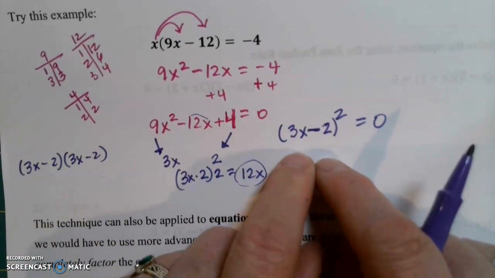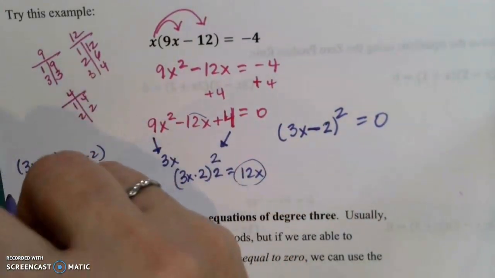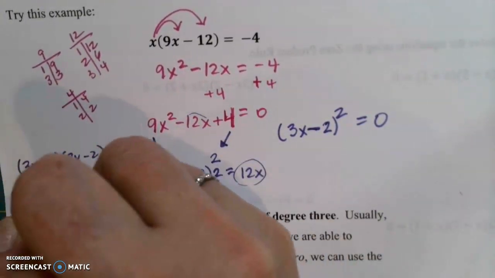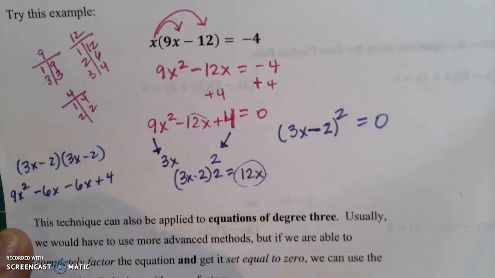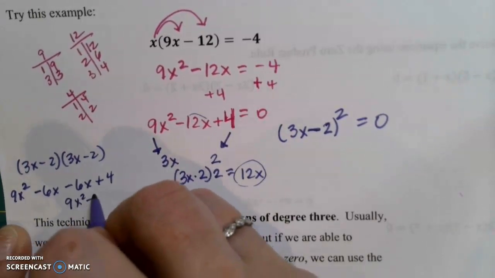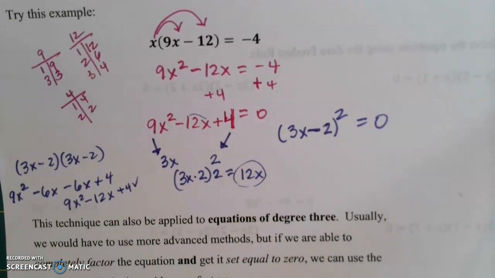Because if your factoring's not correct, nothing from here on out is going to be correct either. So this would be 9x squared minus 6x plus 4. And once I add those 2 middle terms together, we would get 9x squared minus 12x plus 4. So I do have it factored properly.